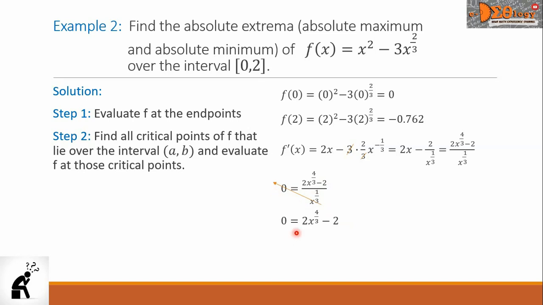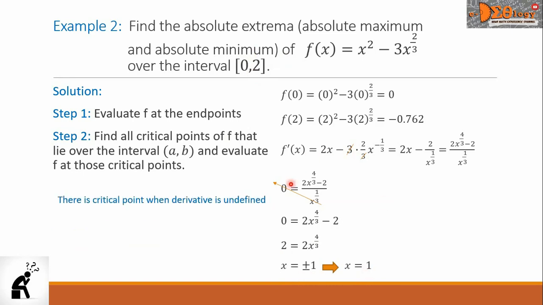So we will have 0 equals this numerator. And solving for x, this negative 2, let us transpose to the left side. It becomes positive 2. From this line here, we can solve for x, and we will find out that the value of x is plus or minus 1. But take note that x equals negative 1 is out of the interval given in the problem. So we will only accept the value of x equals positive 1.